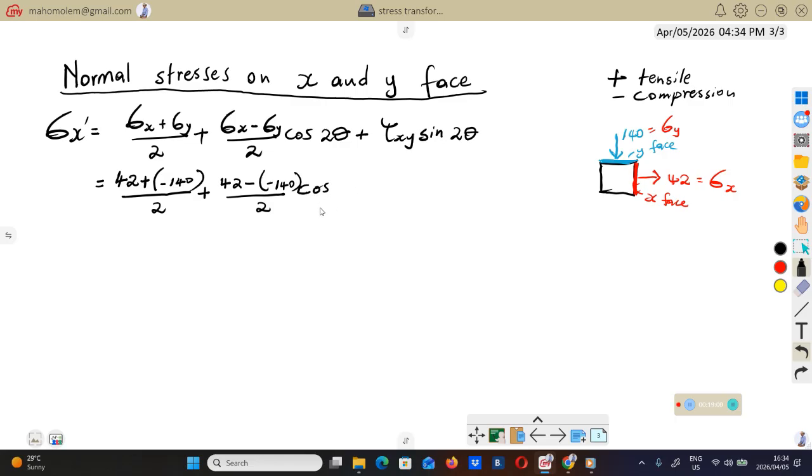This theta is going to be the angle of rotation. So the angle of rotation is 48. As you can see from this formula, we have to multiply it by 2. Then you must be careful here. Common mistake here.